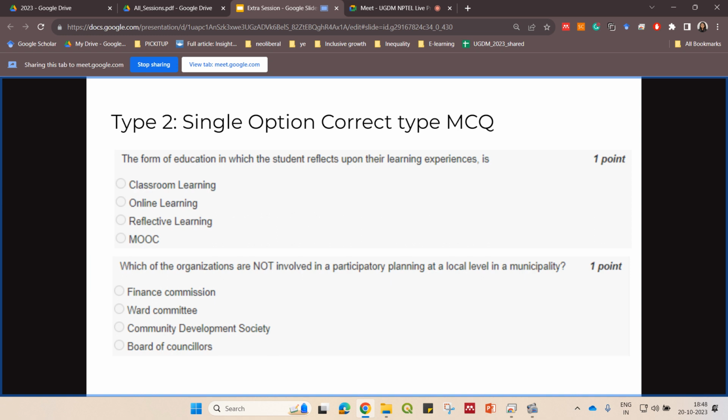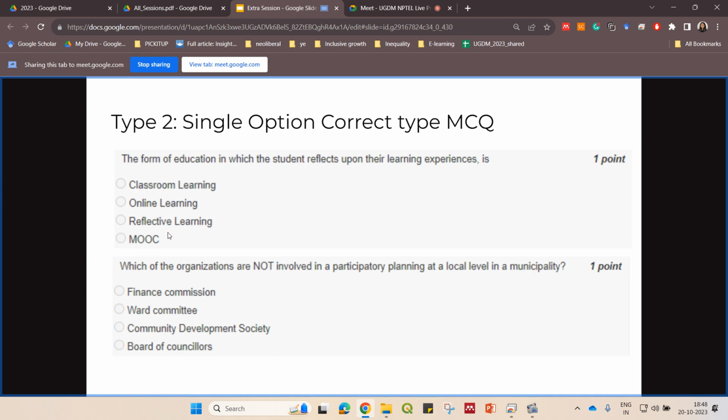There is constant communication and exchange of knowledge and information between the teacher or the instructor and the students or the learners in a classroom learning experience. Similarly, online learning is not an example of reflective learning, or an example where a student reflects upon their learning.